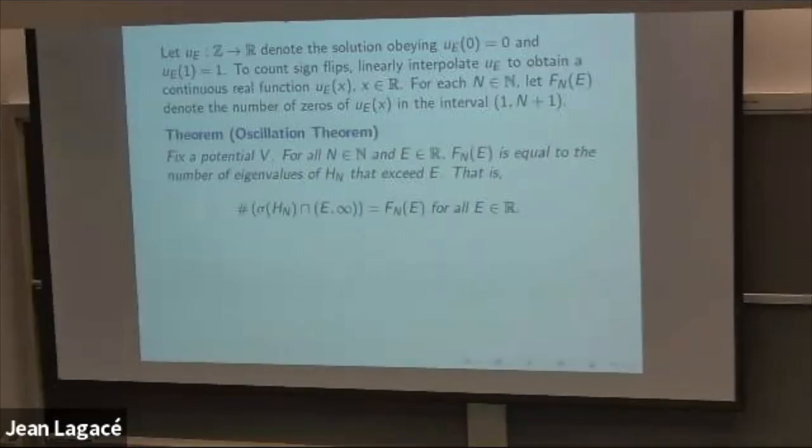And so the oscillation theorem says zero counting is related to eigenvalue counting. Here are the zero counts, defined here. This is a zero count, and this is an eigenvalue count. You count the number of points in the spectrum of this n by n tridiagonal matrix that lie above E. That's what oscillation theory provides.